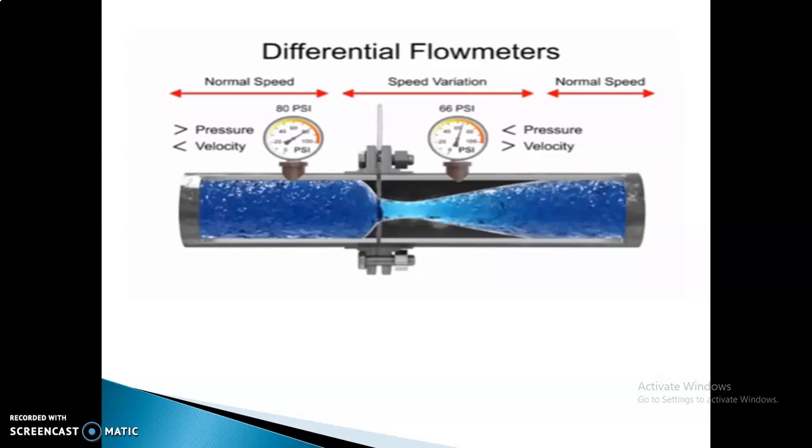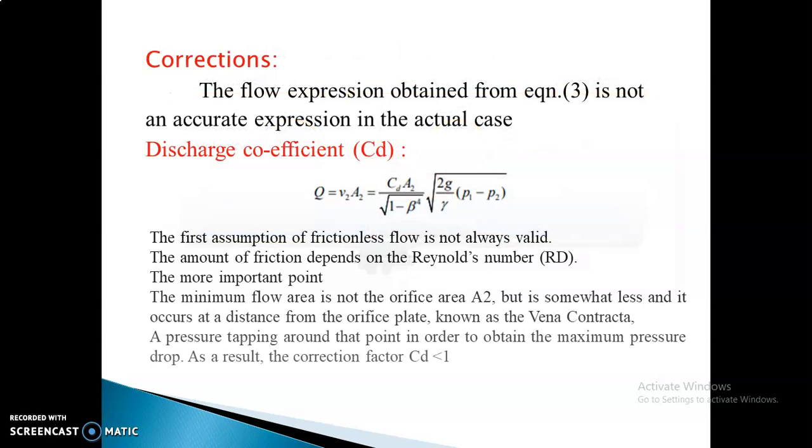One is eccentric, and the other is called segmental. These two types are generally used from the industrial point of view. They are used to measure the flow rate of either suspended material, such as solids, or oil which is mixed within water. These are some of the applications of your orifice flow meter.